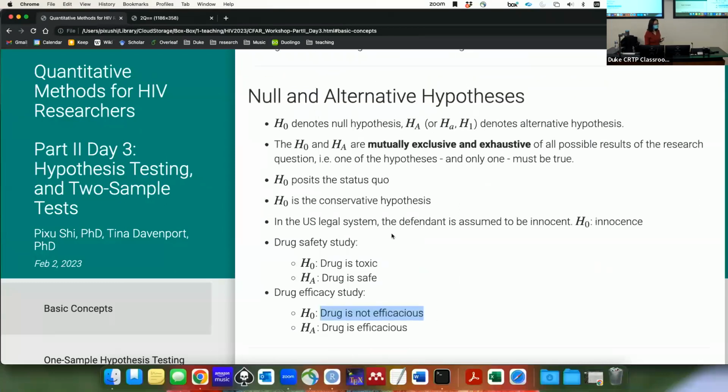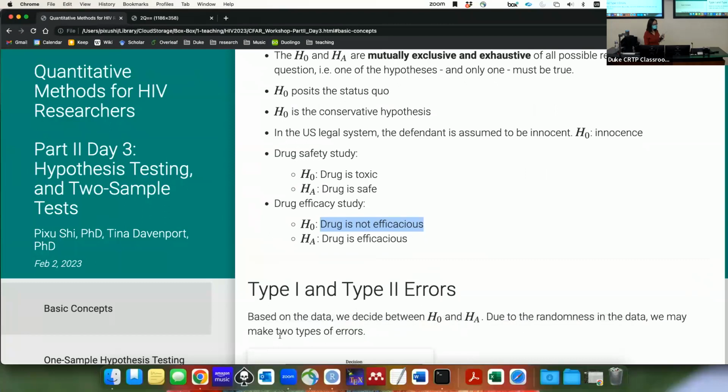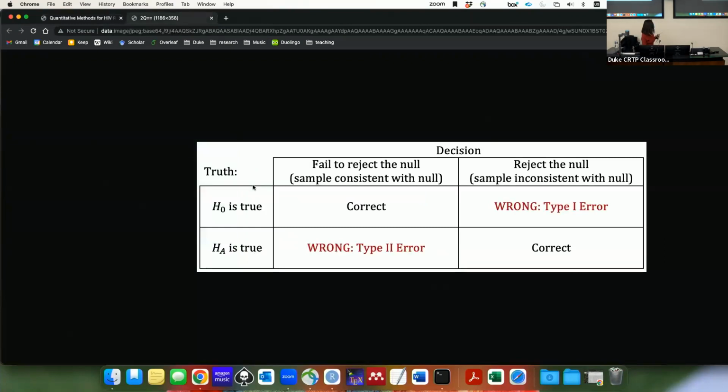And because the null and the alternative are not really symmetric, we put more emphasis on the null. And that's why we also treat errors asymmetrically. There are two types of errors. You probably already heard about them: type 1 and type 2 errors. I'm going to put it here.